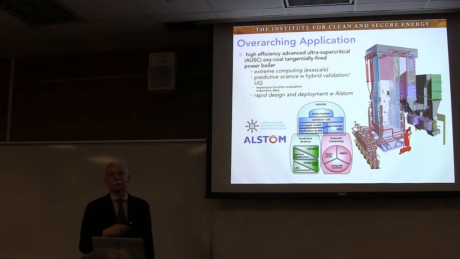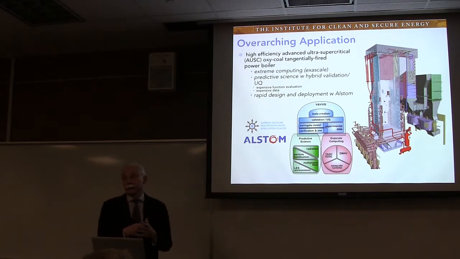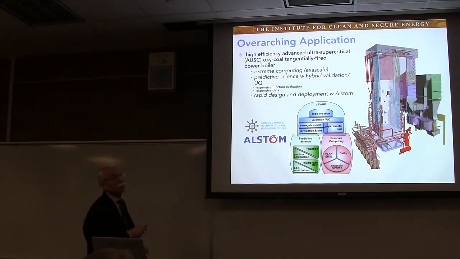That's what we mean by exascale. We'll show you what that means in a minute. This will be hundreds of thousands to millions of processors working together on one problem on the order of a week. So that's what we mean by extreme computing, just so that we can set the scale.